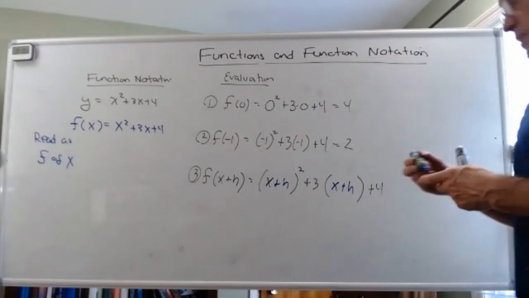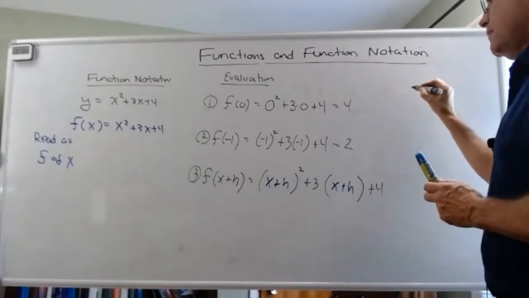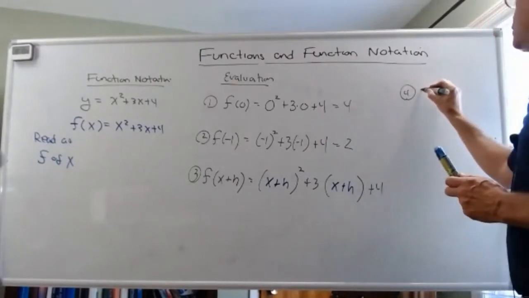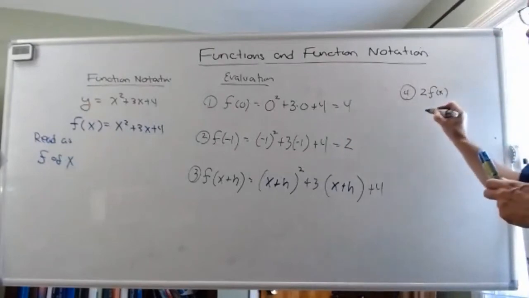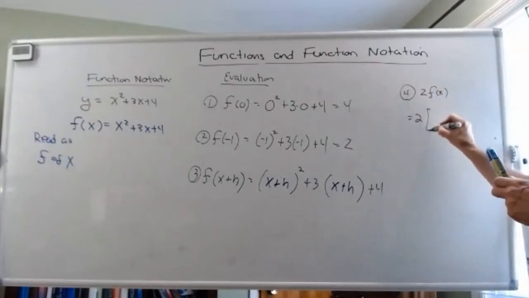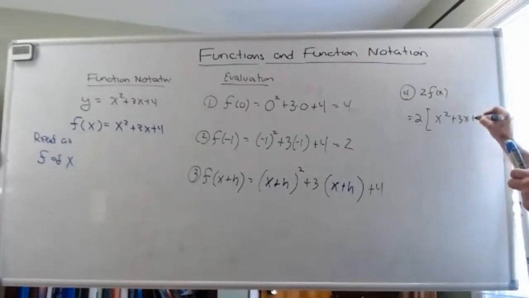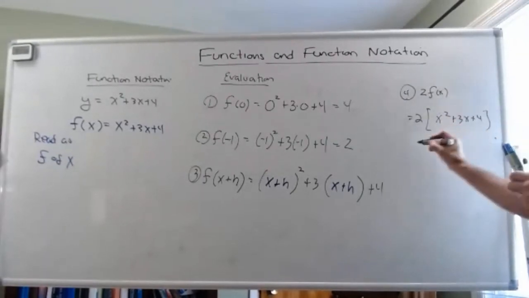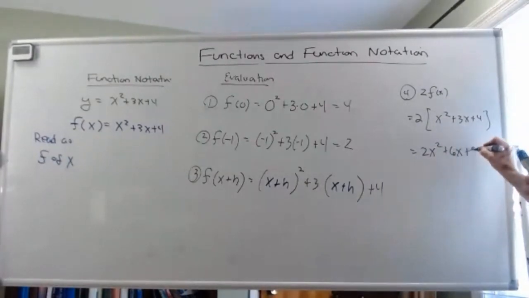Now, you can also do these other manipulations with functions. I could do, say, 2 times f of x. What does that look like? Well, it's just equal to 2 times that function f of x, which is x squared plus 3x plus 4, which is just 2x squared plus 6x plus 8.